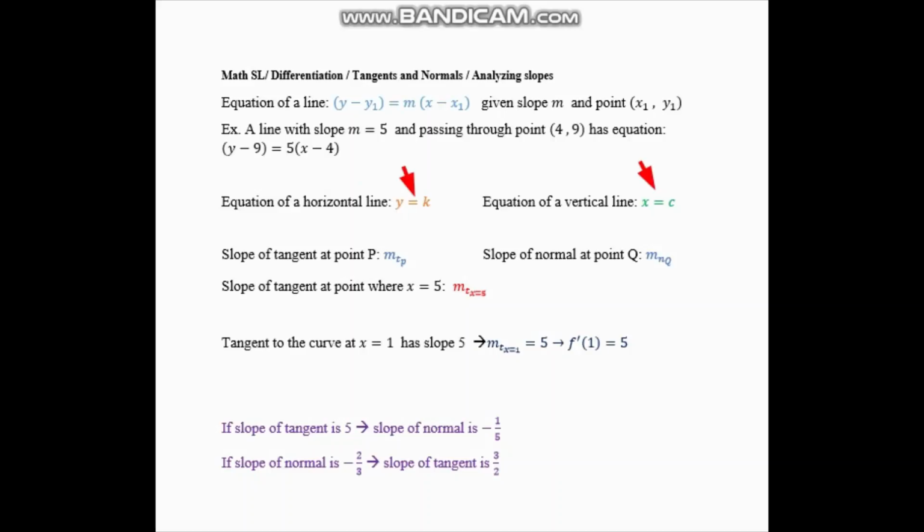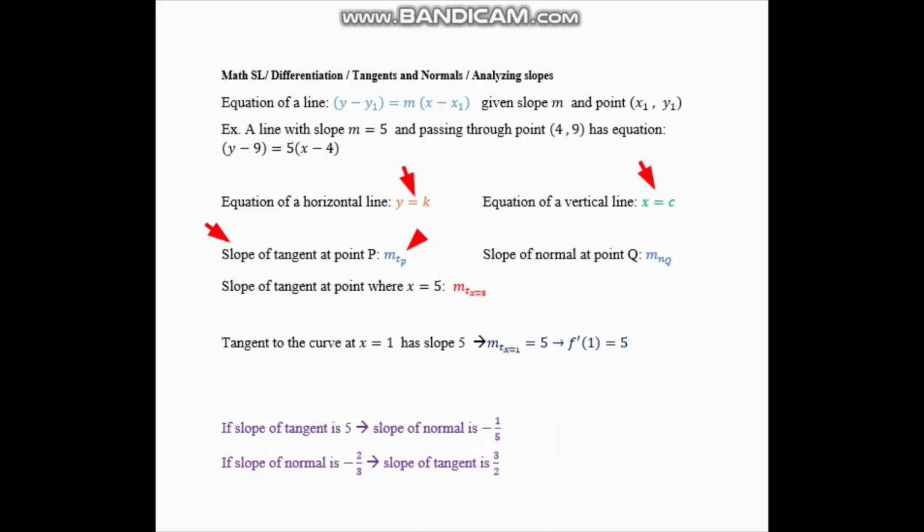Now, I'm going to use some notations throughout these videos that I would like you to be aware of. If I want to refer to the slope at point P or the slope of the tangent at point P, and these mean the same thing, I shall refer to that with the symbol MTP.